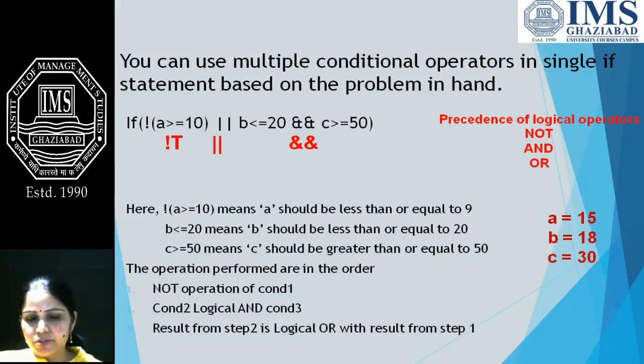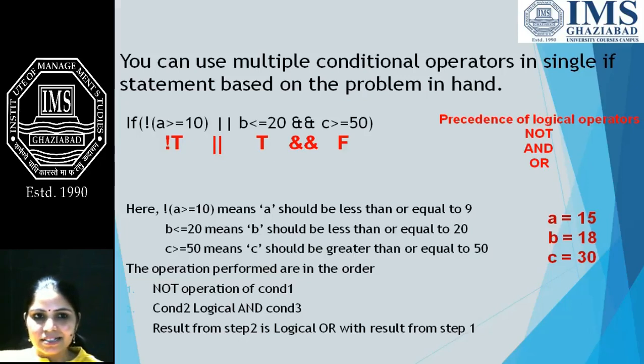Then we have B equals to 18. Again, we have written B is less than equals to 20. The condition is true. Yes, it is less than 20. C is greater than equals to 50. Here my condition comes out to be false because C should be more than 50 and I have written C as less than 50. Now I have this scenario.